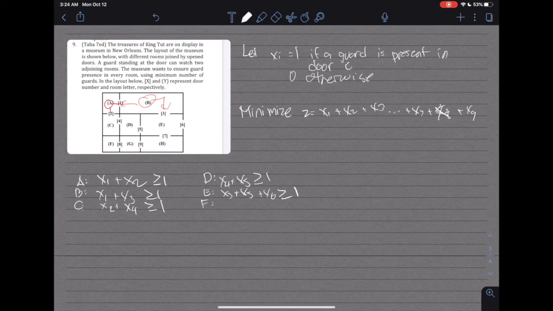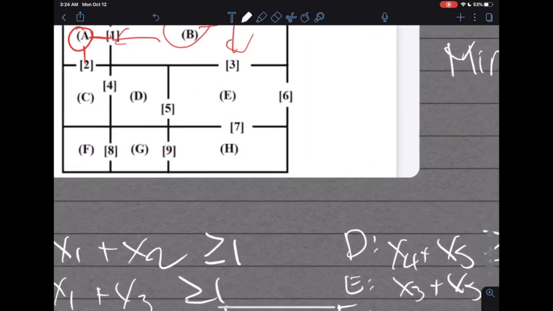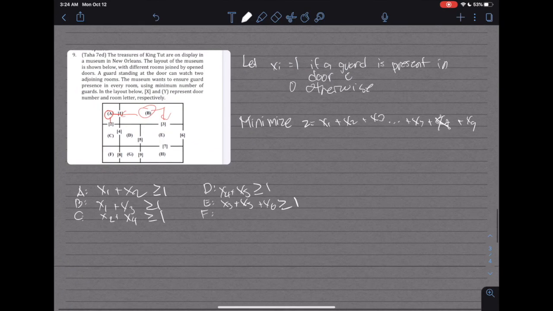Room F, that's x8 is greater than or equal to 1. Room G, x8 plus x9 is greater than or equal to 1.